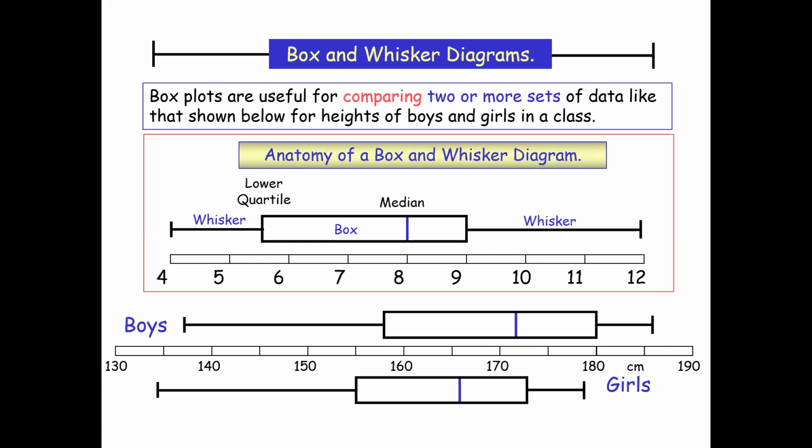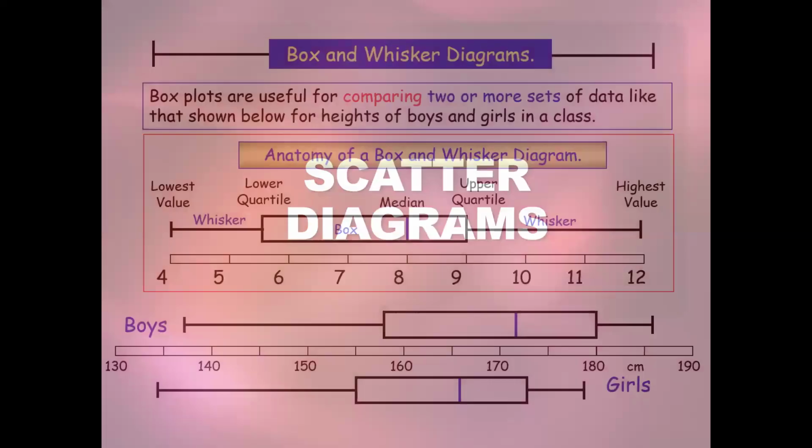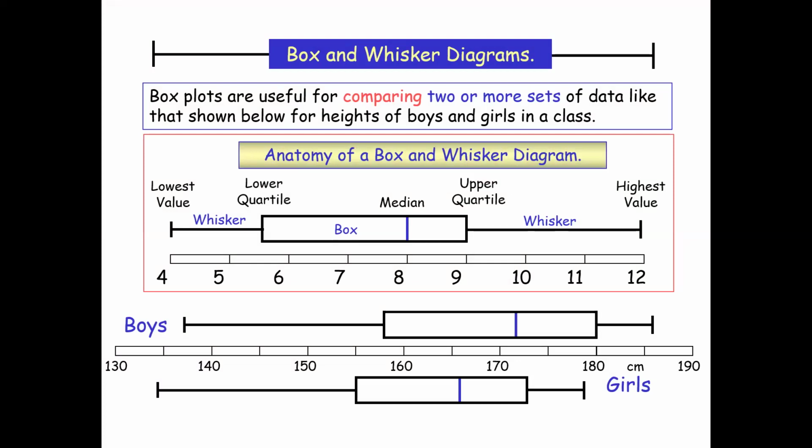For comparison, it is necessary that you plot them back to back on the same scale so that the comparison can be fair. When you plot them on a common scale, then you can compare them.